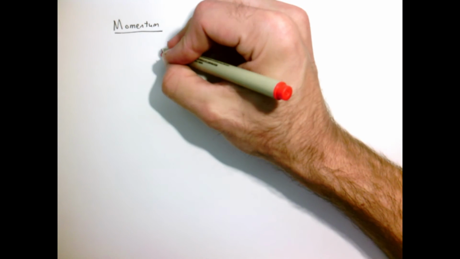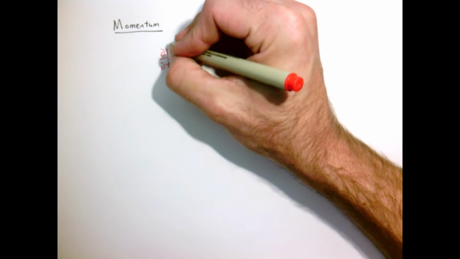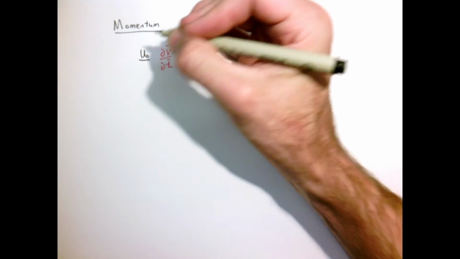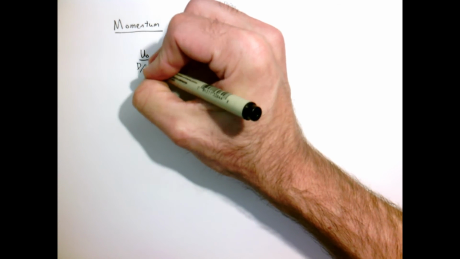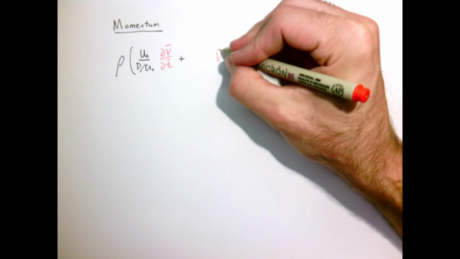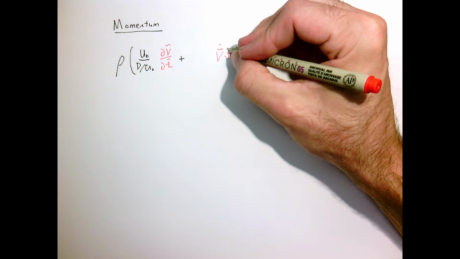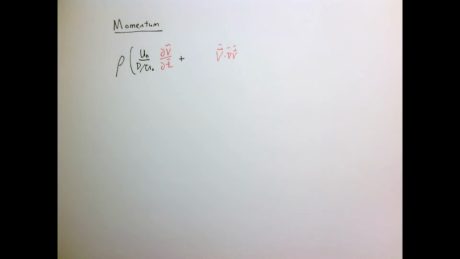So we want to have the partial derivative of v with respect to t. We want that to be a dimensionless term, so that means I'm going to pull out my factor of u naught and my factor of t naught. And then I need to add that to my v dot gradient v. And these are all dimensionless.